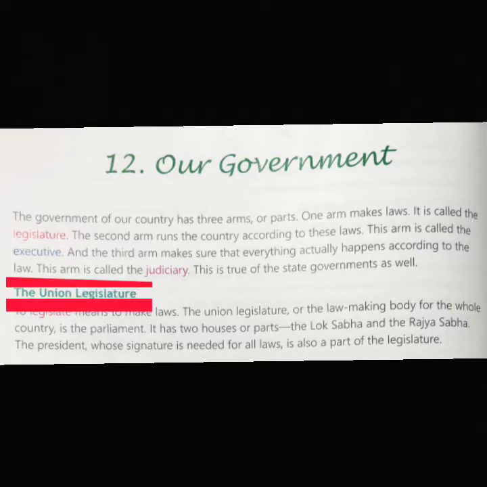First part of the union government is the union legislature. To legislate means to make laws. The union legislature or the law making body for the whole country is the parliament. It has two houses or parts, the Lok Sabha and the Rajya Sabha. The president, whose signature is needed for all laws, is also a part of the legislature.